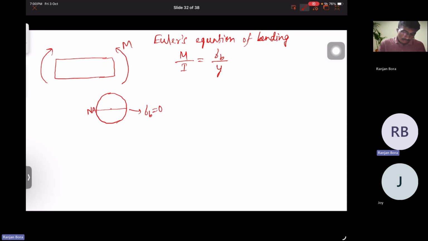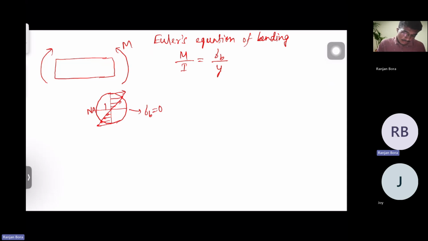Now, if we go from the neutral axis upward, we get a linear variation, and this distance from the neutral axis is known as y. From this equation, sigma b is directly proportional to y.